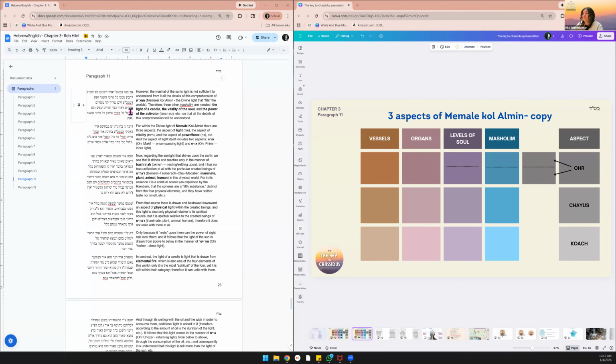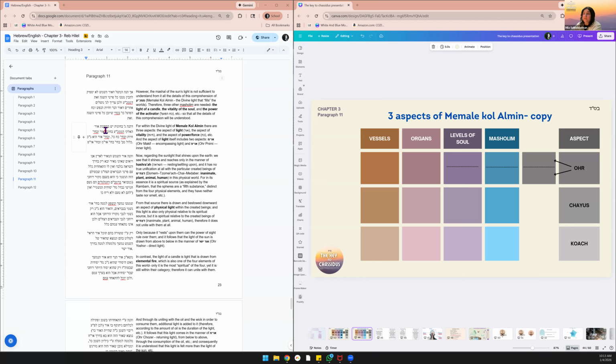And therefore we need 3 other mashalim: the Or Haner, the light of the candle; Chayus Hanefesh, the life force of the soul; and B'koach HaPoel, the power of the activator, b'chdei sheyavin kol pirtei hasagazos, in order for us to understand all the aspects of this concept of Mamalikul Almin.